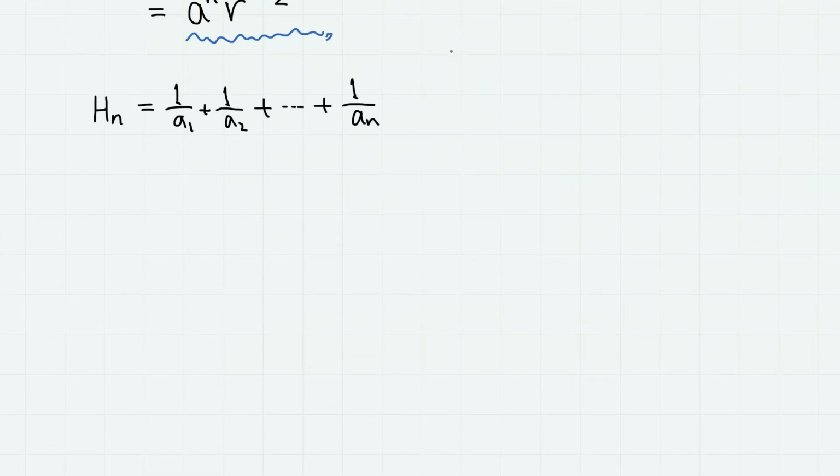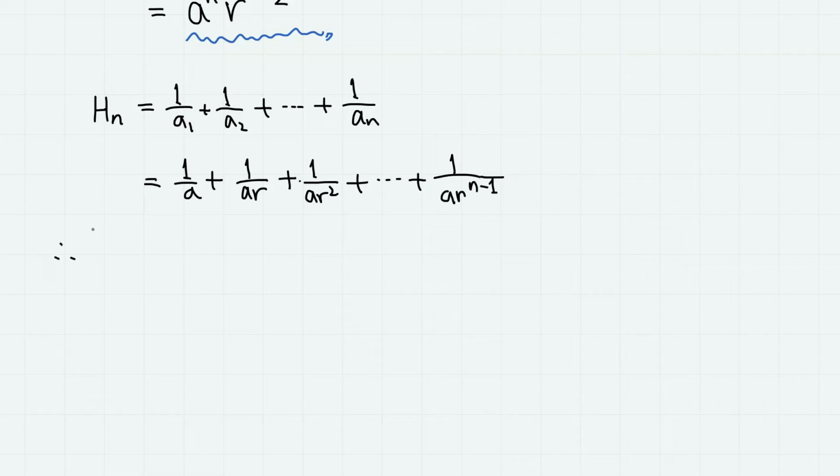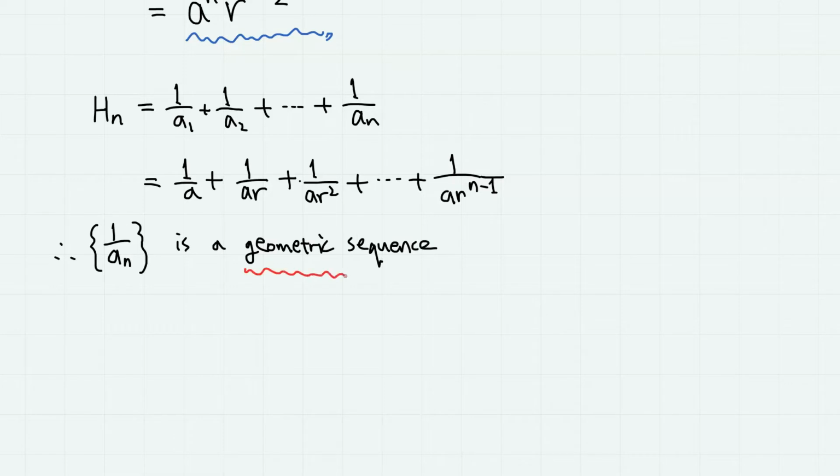Now what about Hn? Again, if we write each term of Hn, we have 1 over a, and 1 over the second term a2, which is ar, and 1 over the third term, which is ar squared, plus ... plus 1 over an, which is a times r to the power of n minus 1. Therefore, the sequence 1 over an is also a geometric sequence with 1 over a as the first term and 1 over r as the common ratio.